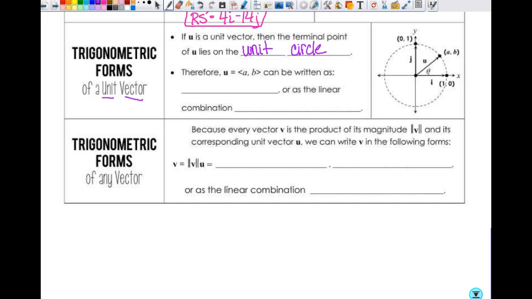If the radius isn't 1, then it is r cosine theta and r sine theta, but if the radius is 1, the r is irrelevant. So again, this radius is 1. So your unit vector on the unit circle here, (a, b), can be written as the unit vector equals ⟨cosine theta, sine theta⟩. It's the same thing.